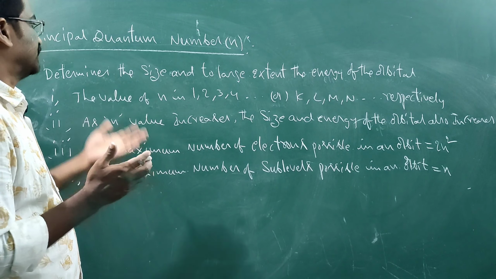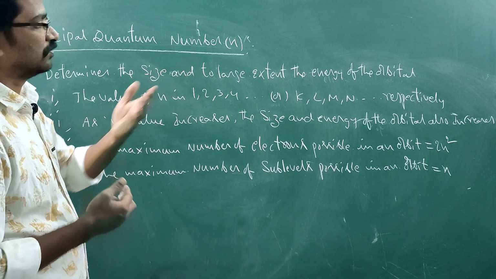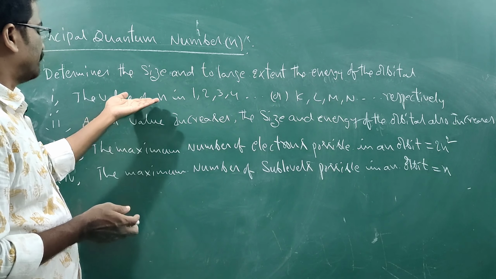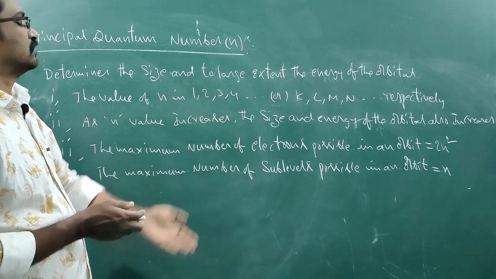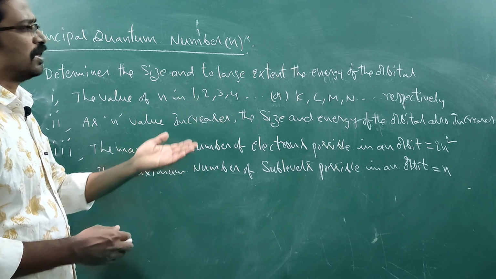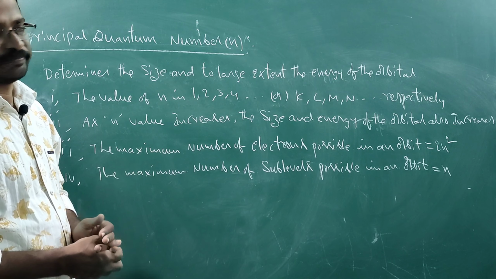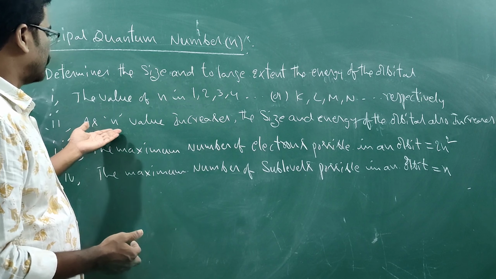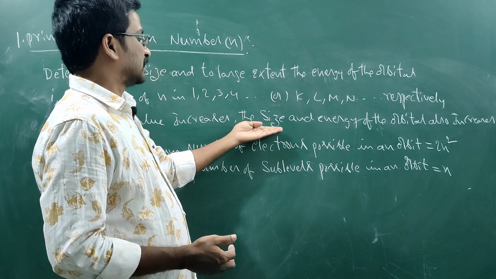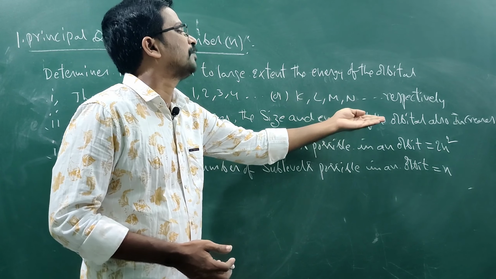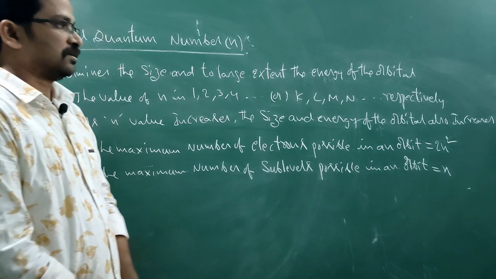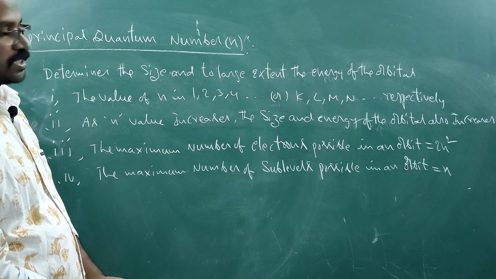The value of n is 1, 2, 3, 4 and so on, or K, L, M, N respectively. Next, as the value of n increases, the size and energy of the orbital also increase.